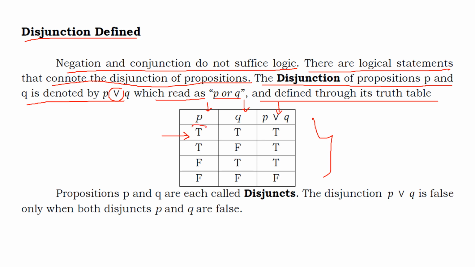As you can see, your P proposition here is true, your Q proposition is true, and it's automatic that the disjunction of propositions P and Q is true.